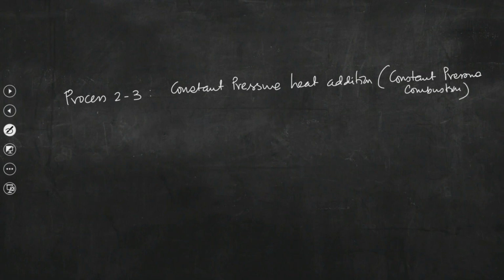We have seen that the change in volume V3 by V2, that is the cutoff ratio beta, equal to T3 by T2, right. What is Q23?